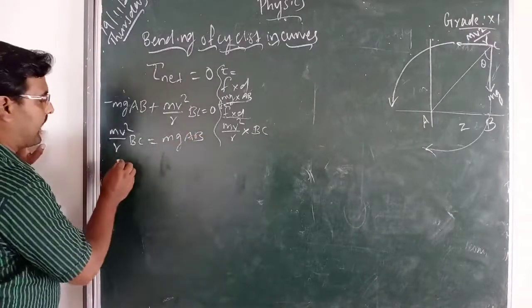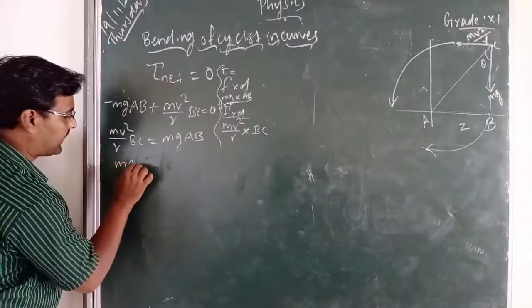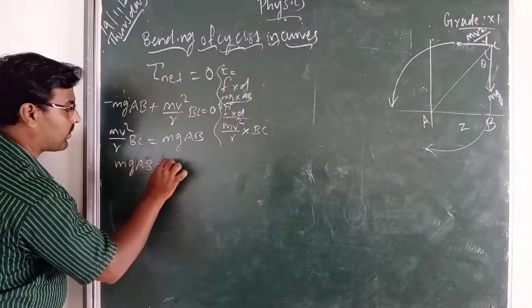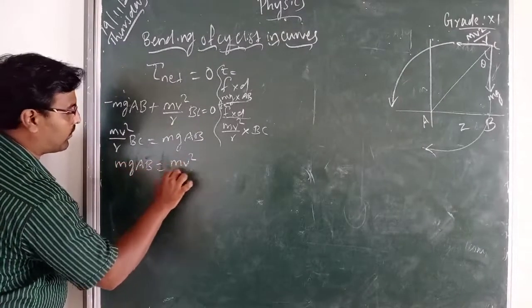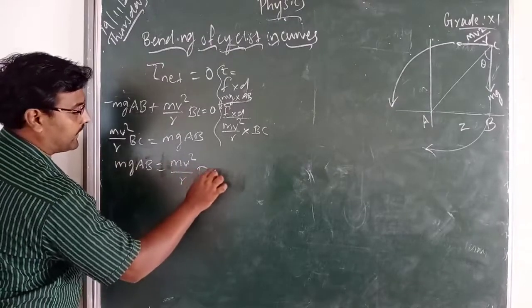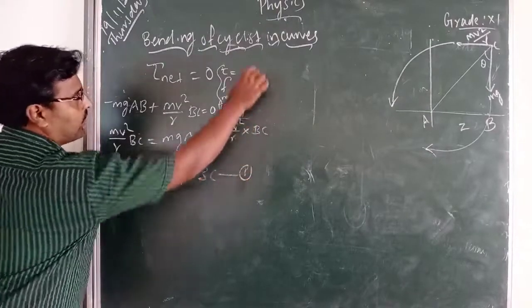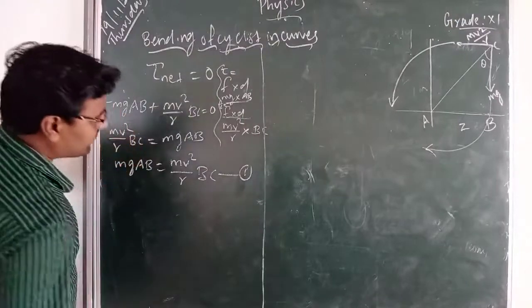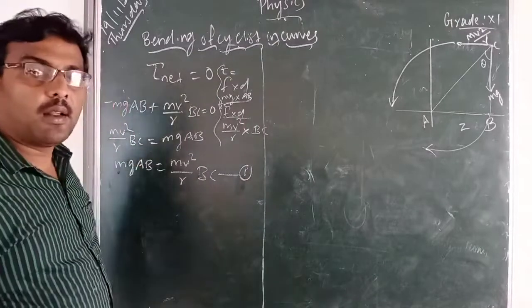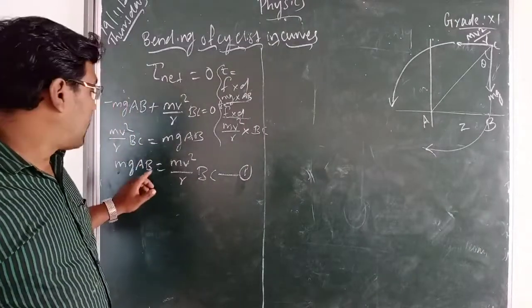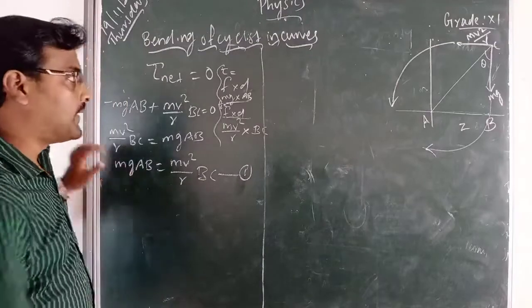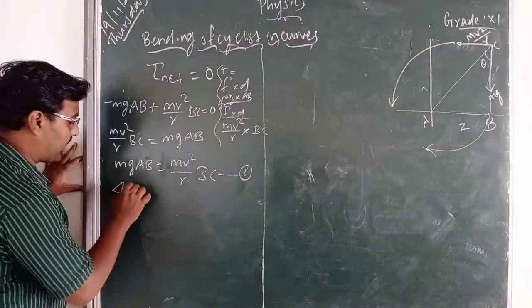This is equation 1. Now you have to find out AB and BC from triangle ABC.